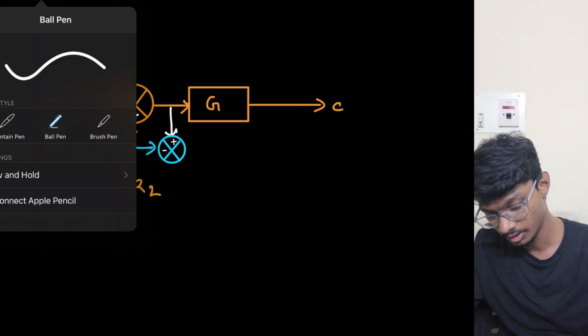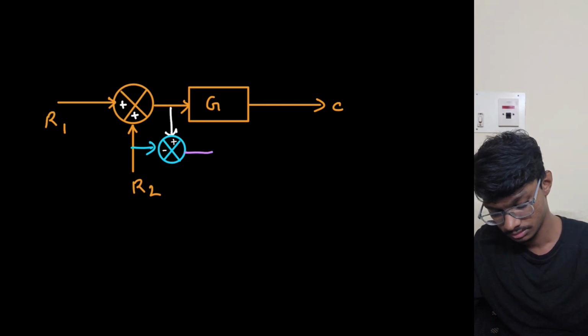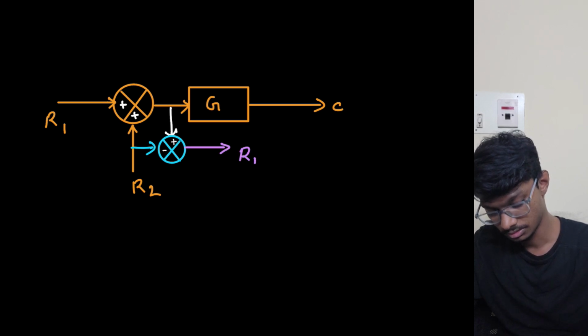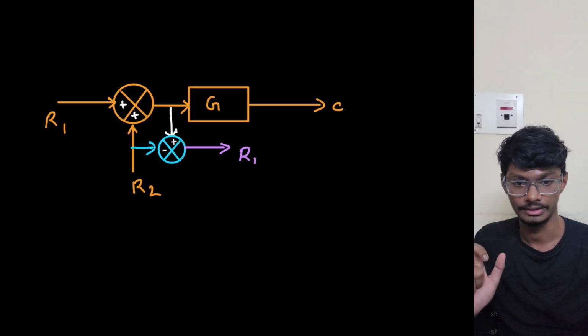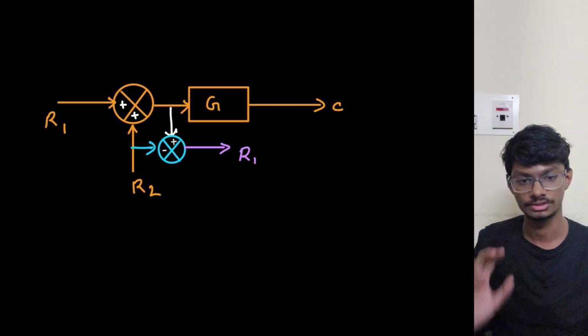So what will be my output? R1 only, right? Because R1 plus R2 minus R2 becomes R1 only. So this is my output.